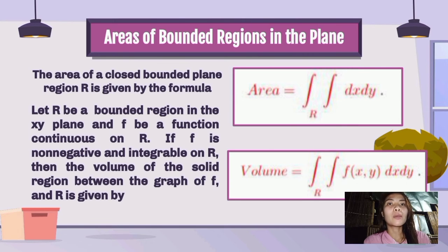Let R be a bounded region in the xy plane and f be a function continuous on R. If f is non-negative and integrable on R, then the volume of the solid region between the graph of f and R is given by volume equals the double integral of f of x and y dx dy.